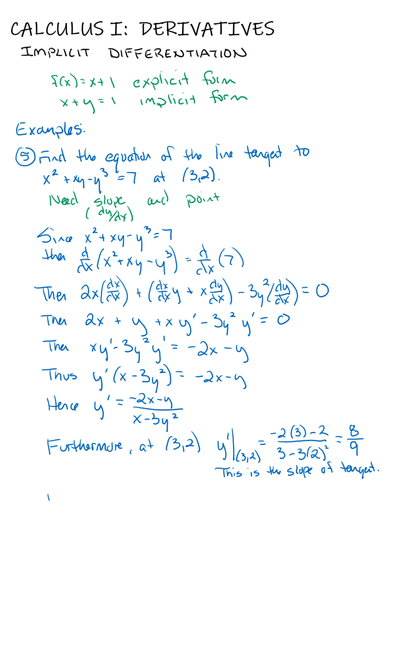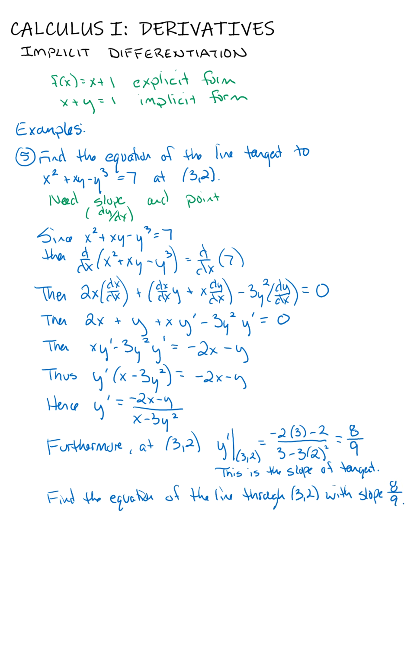So now we need to find the equation of the line through that point with the slope 8 over 9.